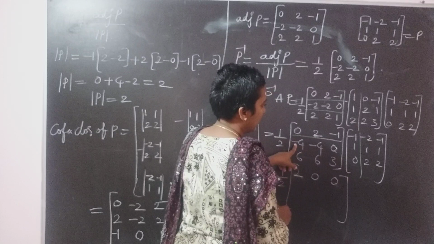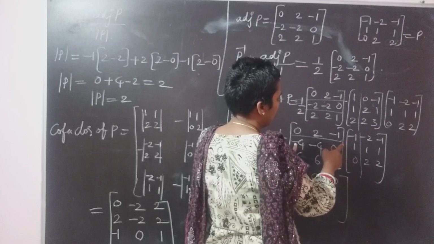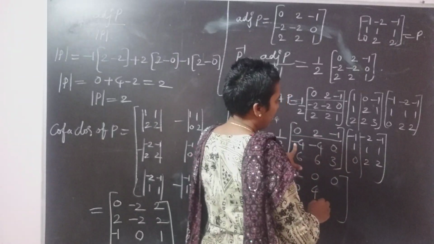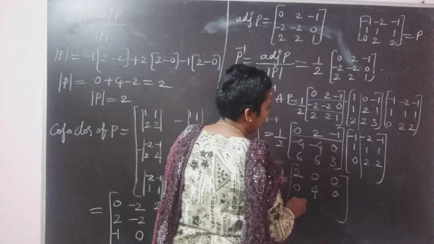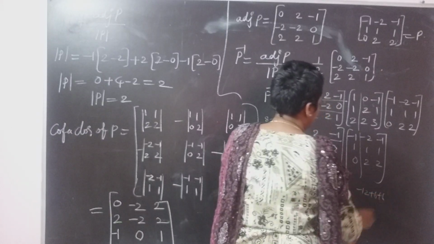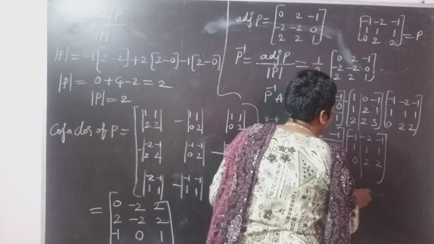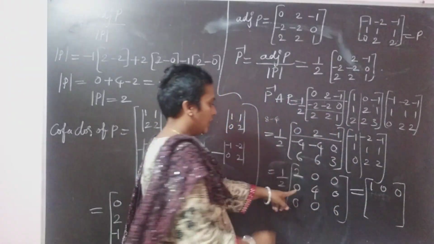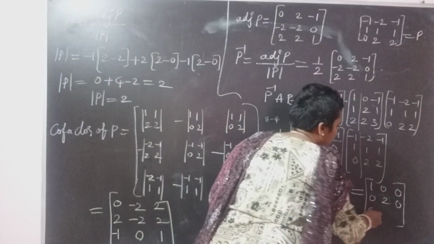Next minus into minus, plus 4, plus minus 4, 0, minus into minus, plus 8, 8 minus 4, it is 4, it's 0, plus 4, minus 4, 0, 0, 6 plus 6, 0, minus 12 plus 6 plus 6, it's 0, minus 6 plus 6, 0, 3 2s are 6, and write 2 by 2 is 1, 1 0 0, 0 4 by 2 is 2, 0 2 0, 0 0 6 by 2, 0 0 3.